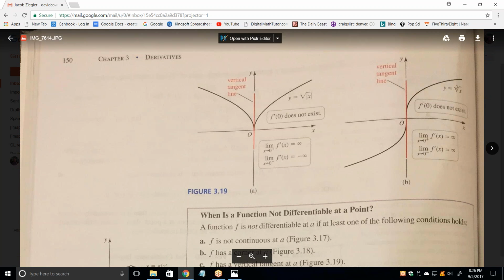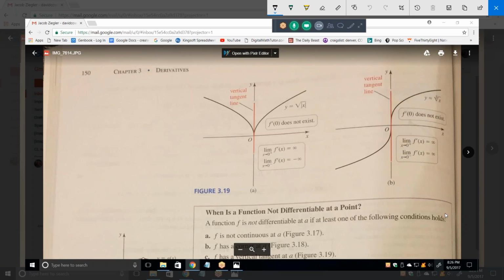Well, if I were to trace the slopes, hold on, let me get so I can write on it. Well, I got a slope like that. That's a positive slope, positive, positive, positive. But when I get right here, what's that slope? Nothing. Does not exist.